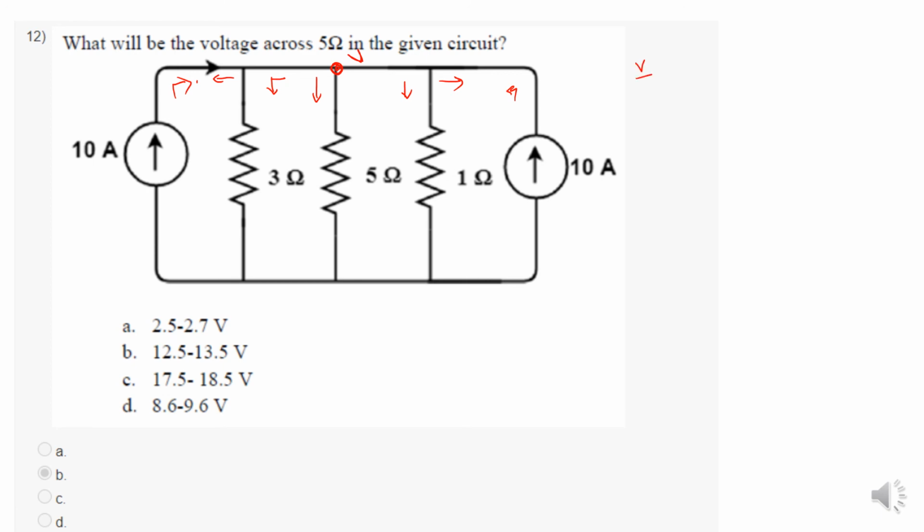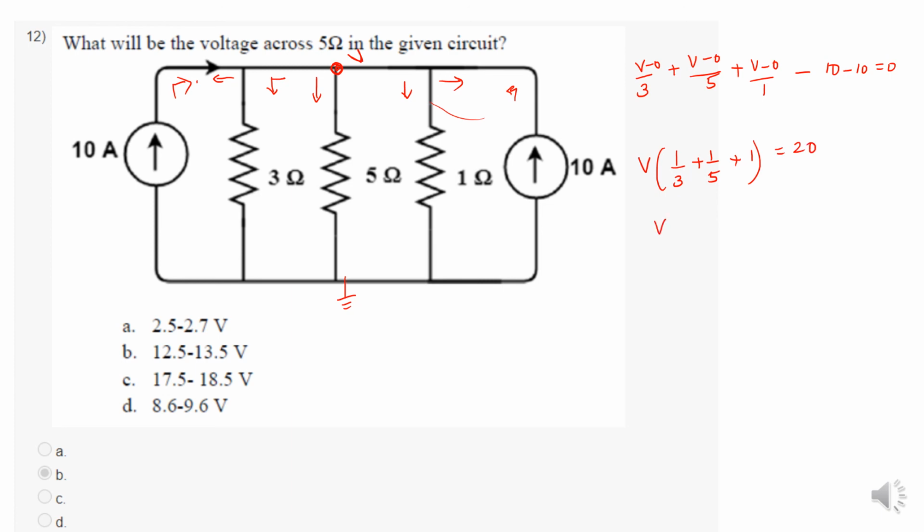So V minus 0 by 3, V minus 0 by 5, the ground potential is 0. So V minus 0 by 1, here both the directions are opposing, so minus 10, the first one also like this, minus 10 equal to 0. So now V of 1 by 3 plus 1 by 5 plus 1 equal to 20.